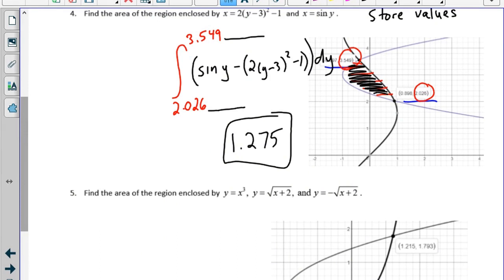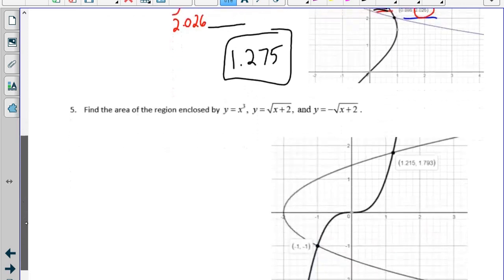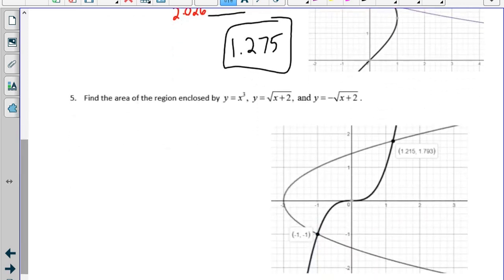Number 5, find the area of the region enclosed by these 3 curves. So if I take a look at this, I can do this in 2 different ways, and I'm going to show you both. Since all these are in terms of x, that might be the first thing I want to look at.